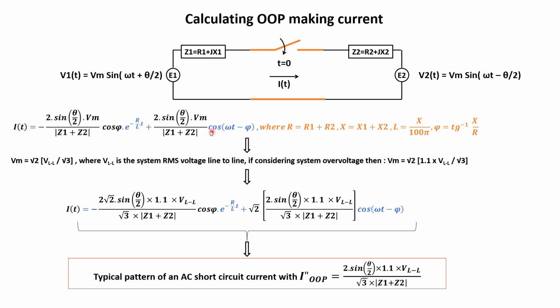So basically, R is the summation of two R's, X is the summation of two X's, L is X divided by 2 pi 50, and the angle is the summation of the X's divided by R. The maximum voltage here is basically the square root of 2 times the phase voltage.